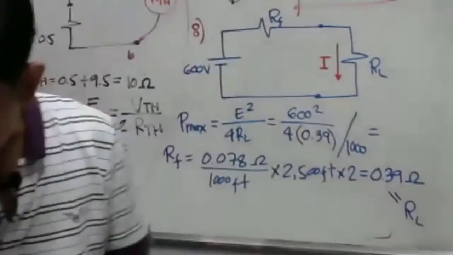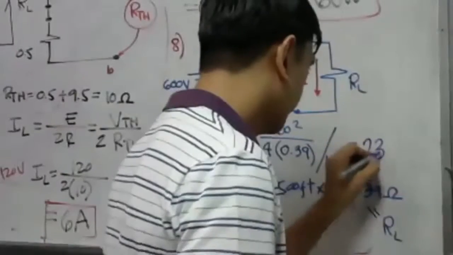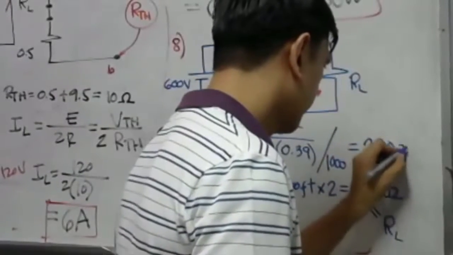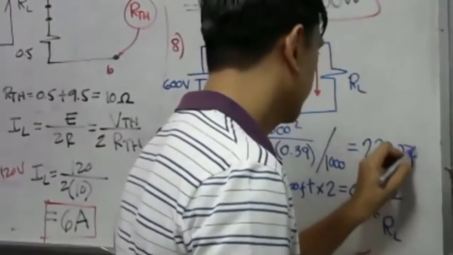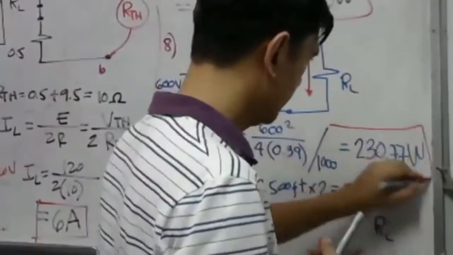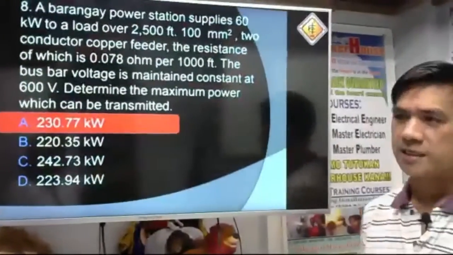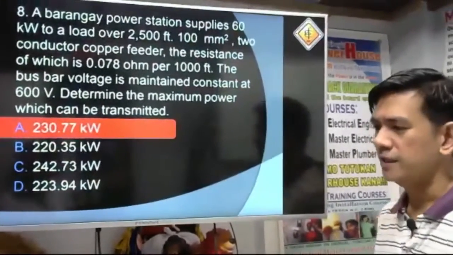So our answer is 230.77. That is our maximum power. That's our maximum power. And that would be letter A. Okay? That is letter A.